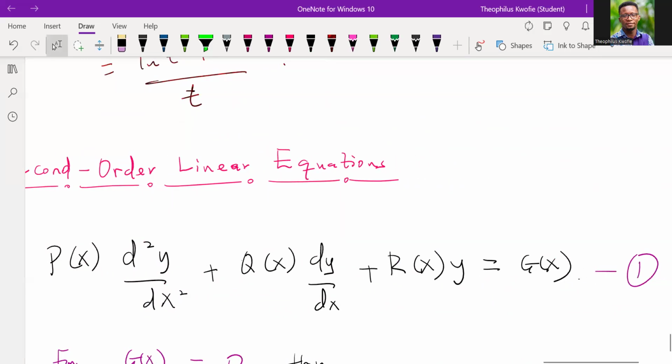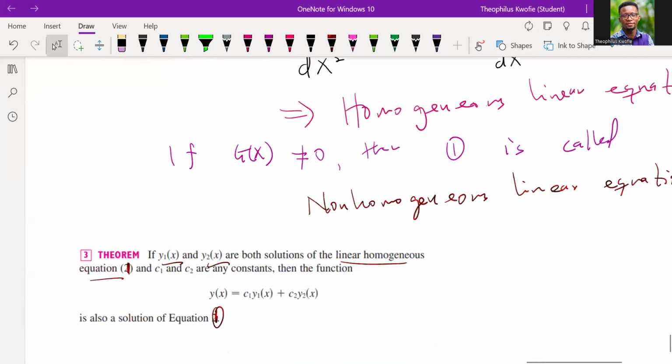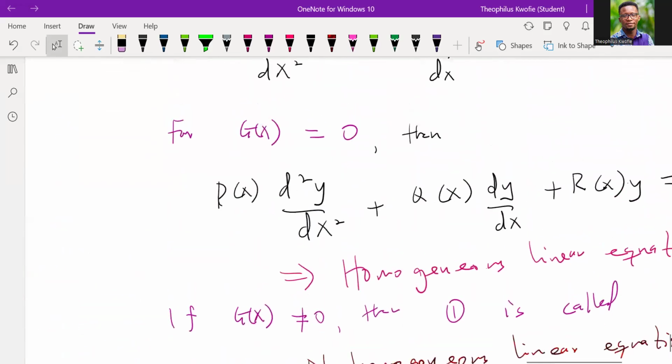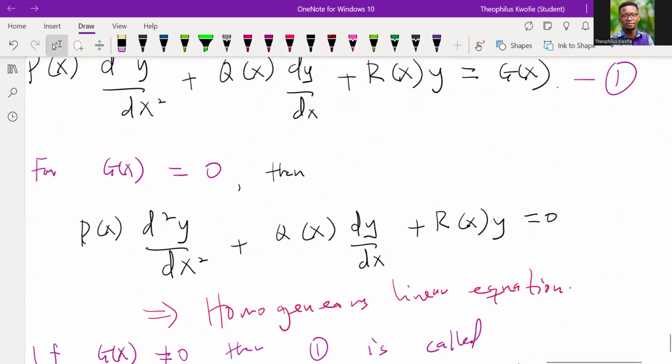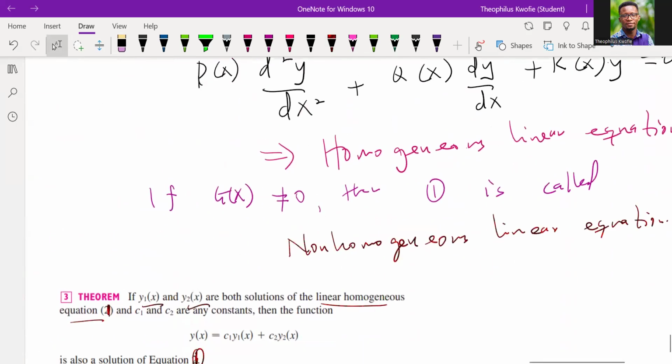So we claim that if y1 and y2 are solutions, let's call this one equation two rather, not one. So equation two.